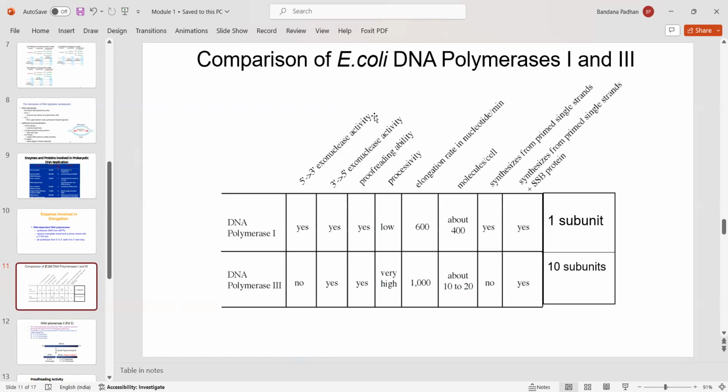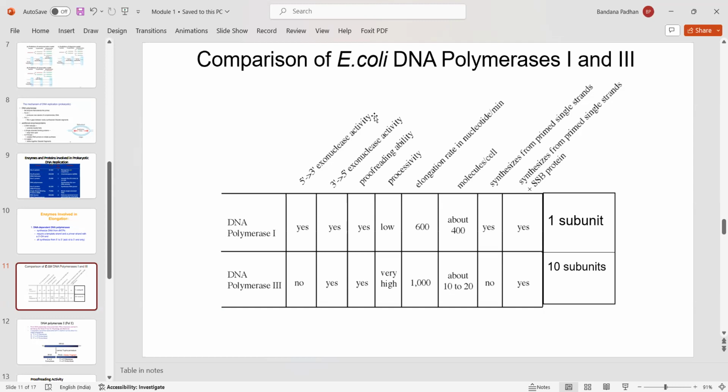The processivity of DNA polymerase 1 is low, it can add about 600 nucleotides per minute, and it has only one subunit.